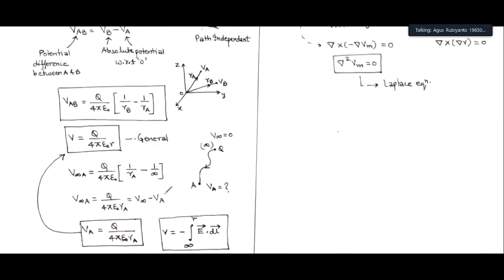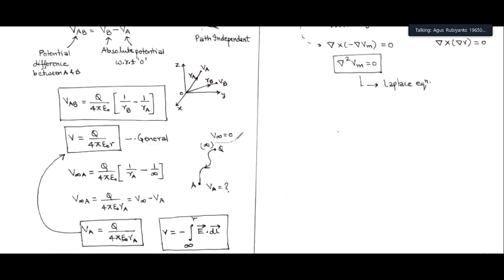Now we note an important point. To determine the potential at any point A, we consider a charge Q, that is a test charge, and we move that test charge from infinity to the point at which we have to determine the potential. And we know that at infinity the potential is 0.